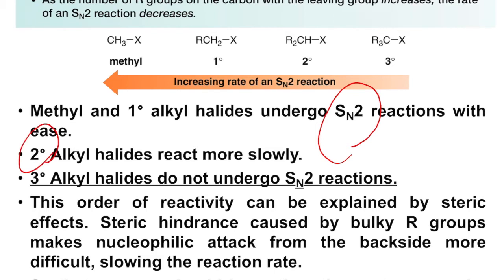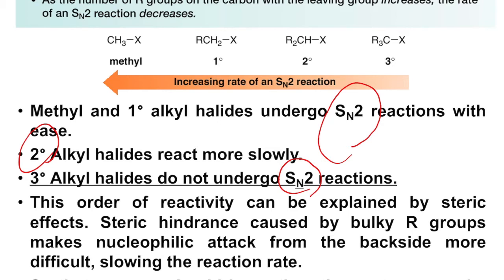Secondary reacts very slowly. Tertiary undergoes SN1 and will not undergo SN2. Why? Because tertiary has three big groups and a leaving group, and there is no space between these four groups to be attacked before the good leaving group leaves.